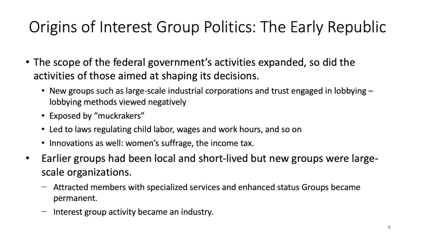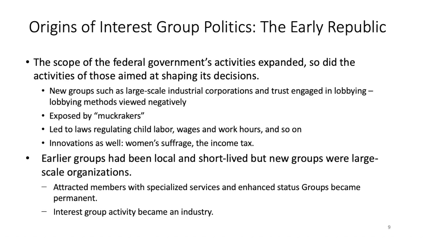We saw new groups, like really large-scale industrial corporations, lobbying in ways that were seen as negative, right? So buying votes, that sort of thing. And a lot of these laws led to child labor, wage, work hours, and so on.